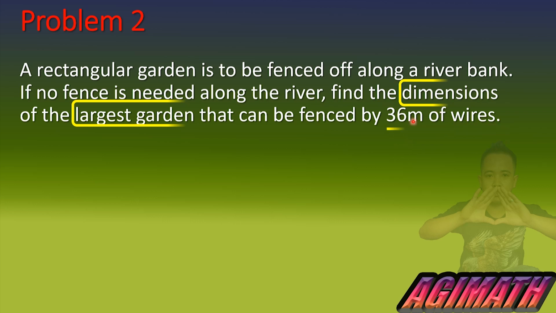Not the perimeter, but just the length of the fencing material, because it's not perimeter because the other side should not be fenced off, the one that is along the river. So if we are going to have a figure, this is our rectangular garden, and then on this side, this is where the river is located. So based on the problem, no fence is needed on this side.